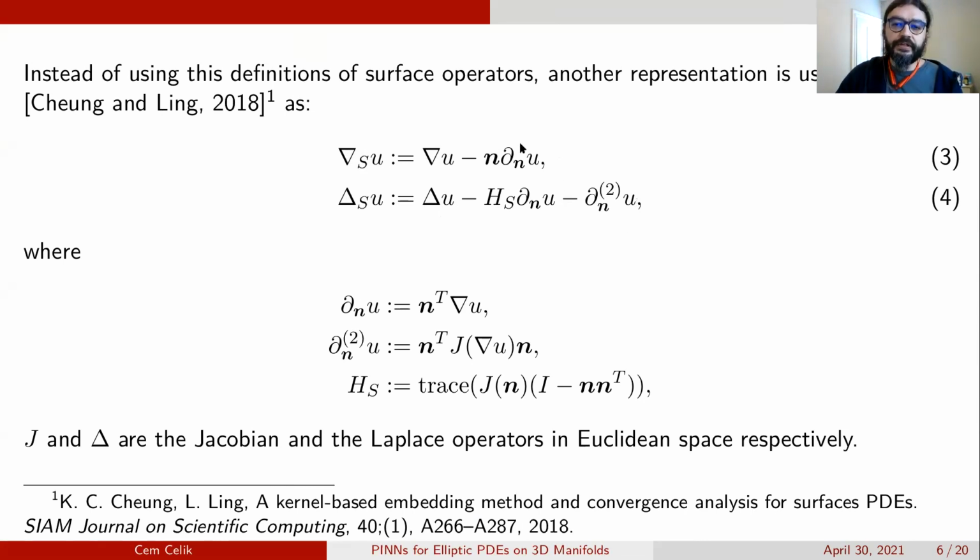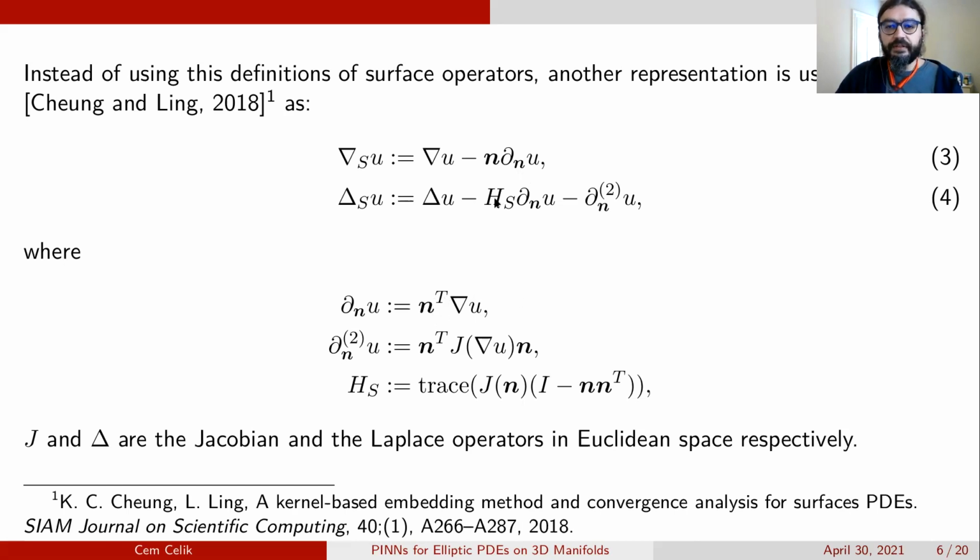The first term here is again the unit normal vector, and it is just a directional derivative in the direction of the normal.